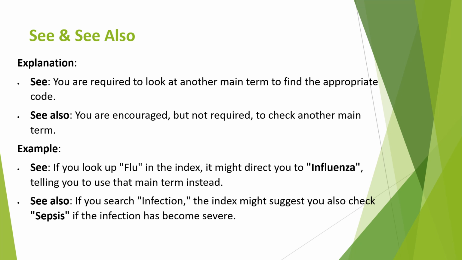If only infection is documented, we will just code for infection. But if the infection becomes more severe and the provider documents sepsis, then we have to take the code from the sepsis area. So that is the meaning of See and See also.